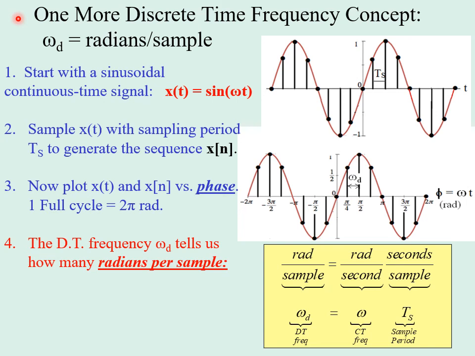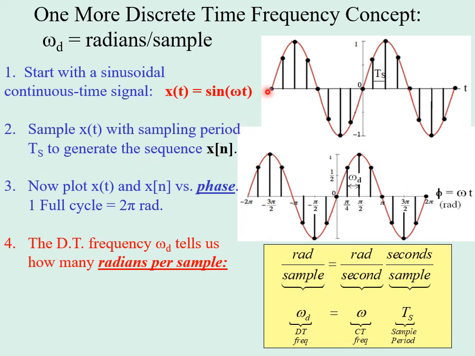So let's start with the sinusoidal continuous time signal, which is this red line here. Let's call it x of t equals sine of omega t. What we're going to do is take samples of this signal every sampling period. So we're going to sample x of t with a sampling period of T sub s to generate the sequence x of n.